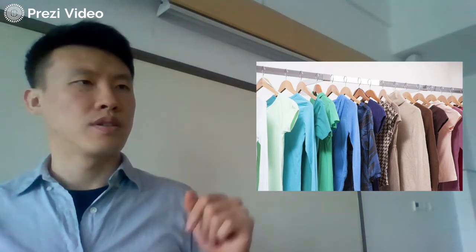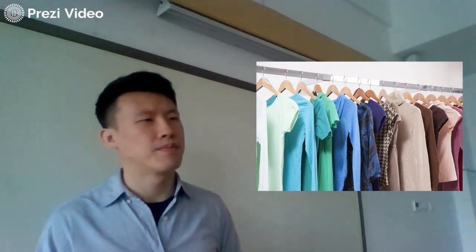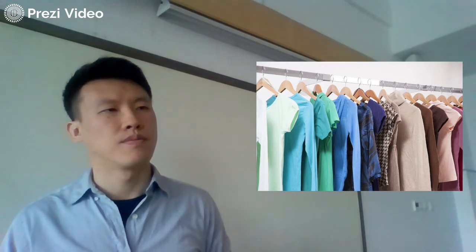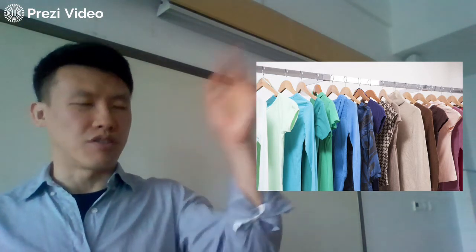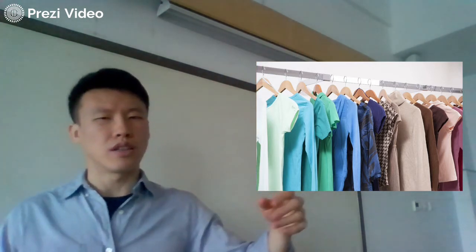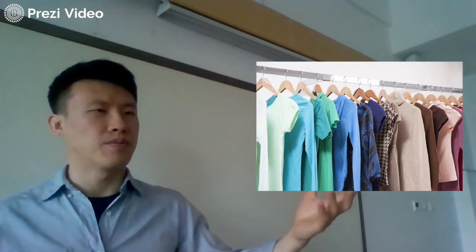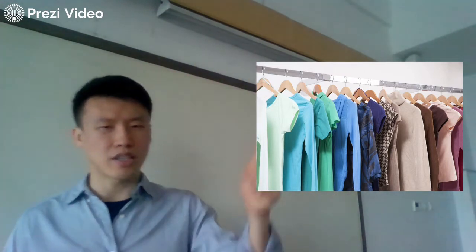Monopolistic competition. Why do you say that? Different styles, different prices. Okay. How many producers are in the clothing market? Right, there are many, many producers. Okay, excellent. Very good.